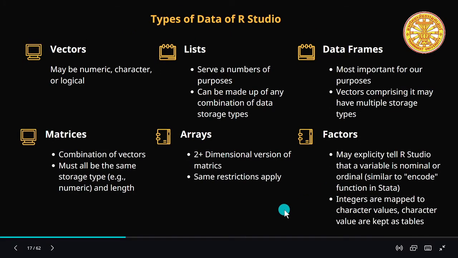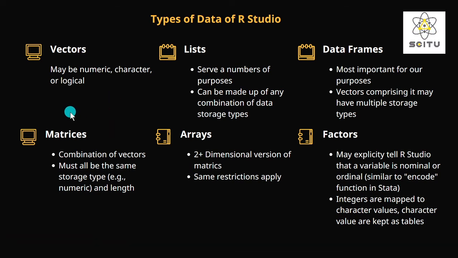The types of data in RStudio, when we use it to process data, have six patterns. First, a vector. It is not a vector in GIS; it means numeric, character, or logical values.